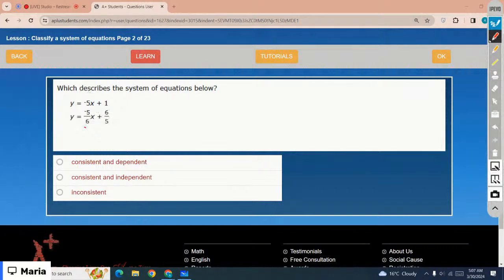So when the slope is different, that means the system is consistent and independent.